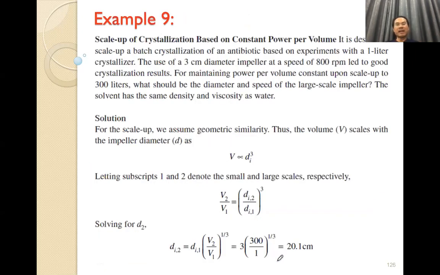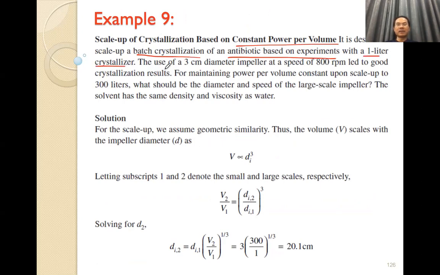Okay, for the last example, I need to determine the scale-up of crystallization based on constant power per volume. For this case, we would like to scale up a batch crystallization of an antibiotic based on an experiment in a 1 liter crystallizer.